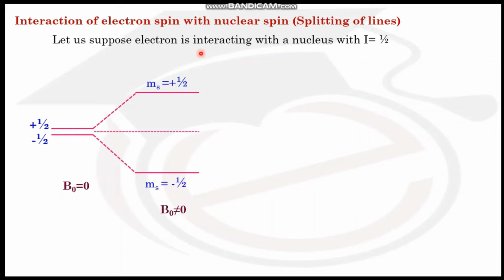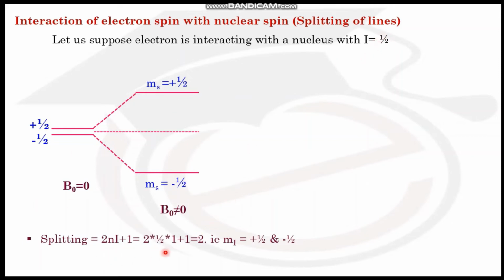This splitting we have discussed in the previous slide: in the absence of a magnetic field there are two degenerate levels, and when we apply the magnetic field, it is split into two. One with ms value minus 1 by 2, the other with ms value plus 1 by 2, where ms means electron spin. Now we are considering that the nucleus is causing the splitting, and the splitting will be 2nI plus 1.